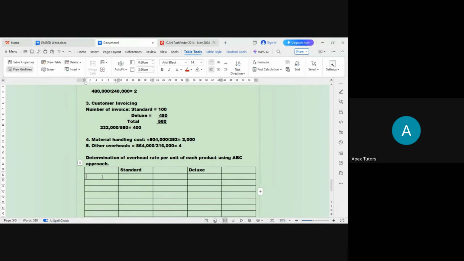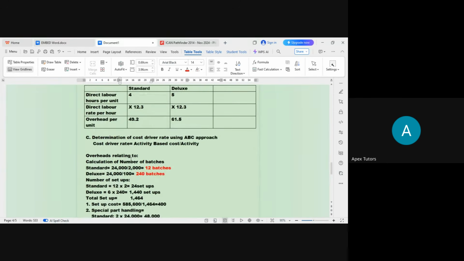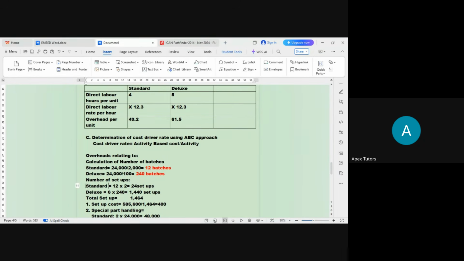Now, for setup costs. For standard, how many setups do we have? See it here. 24 setups. For the loss, how many setups? 144. Yes. So for you to get the rates now.